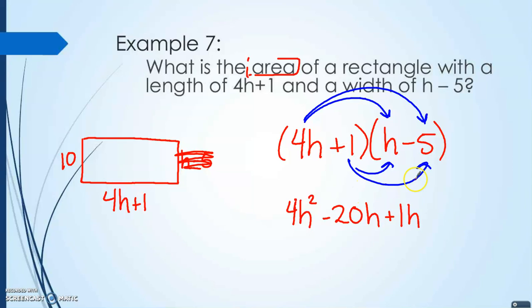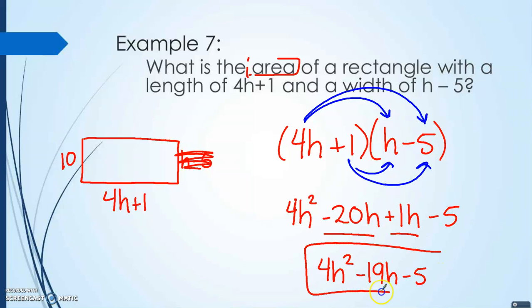And then 1 times negative 5 is negative 5. So we double distribute, and then we combine the like terms, which is negative 20 plus 1. So I bring down my 4h squared. Negative 20 plus 1 is negative 19h. And then we minus 5. Boom. Okay? So there you go.